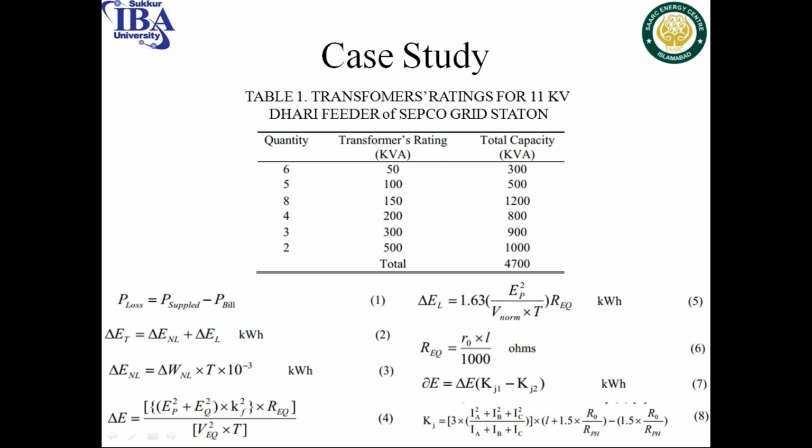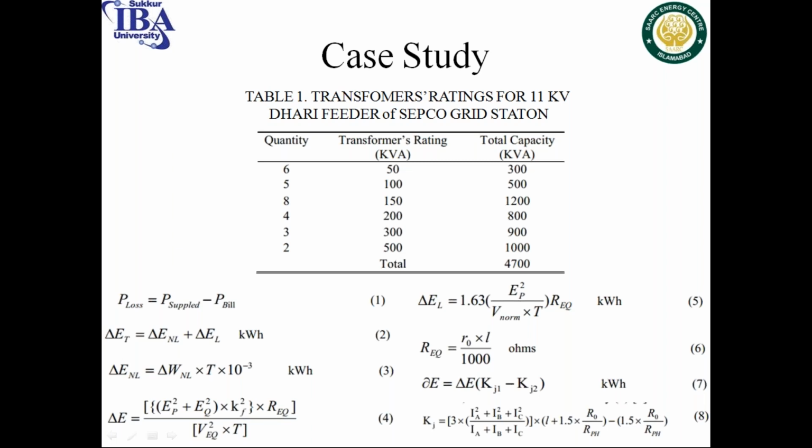The technical losses consist of core losses, which are also known as no load losses, and copper losses, which are known as load losses. So this equation is the combination of these two losses, and together they give the technical losses on the transformer. This ET is for the technical losses. And now equation 3 shows how to calculate the no load losses, and then how to calculate the load losses.